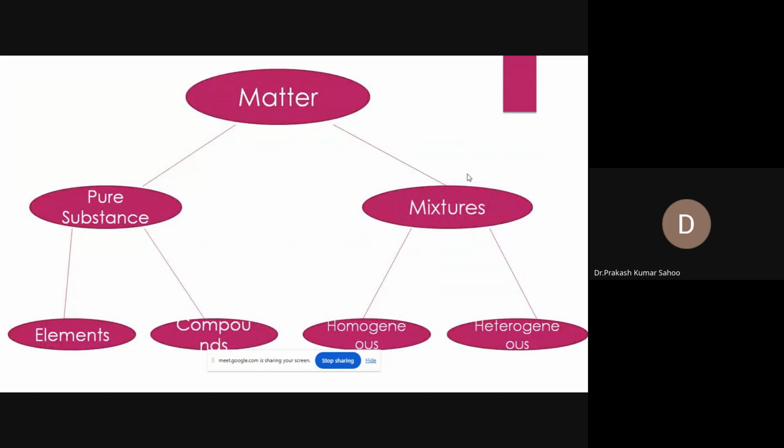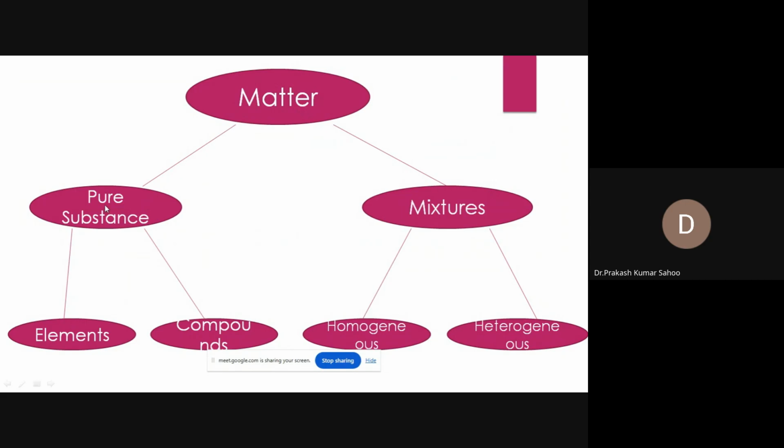This is the primary classification of matter. Matter can be defined as anything in this universe that has mass and occupies some space, and on the basis of its composition it is of two types, pure substance and mixture.